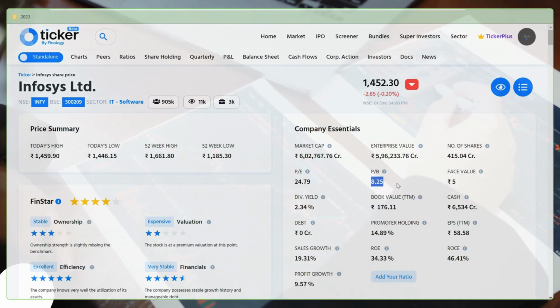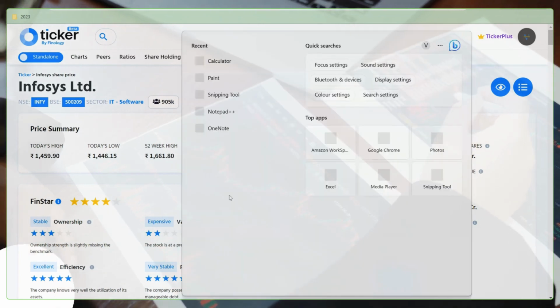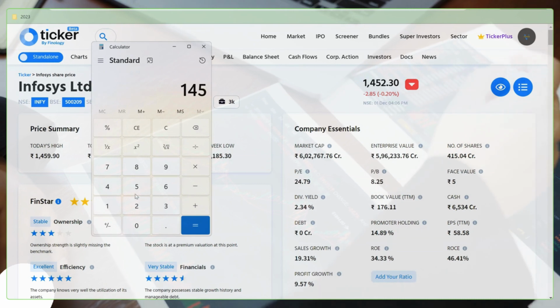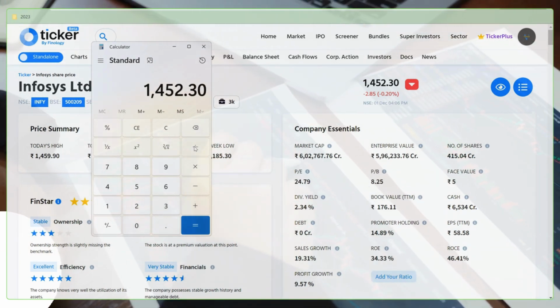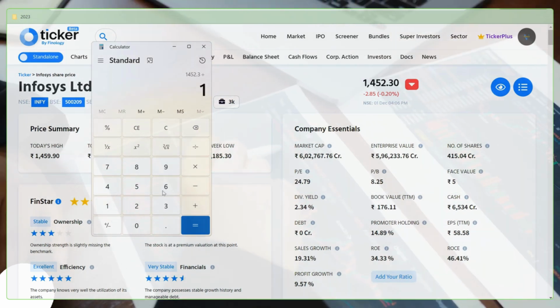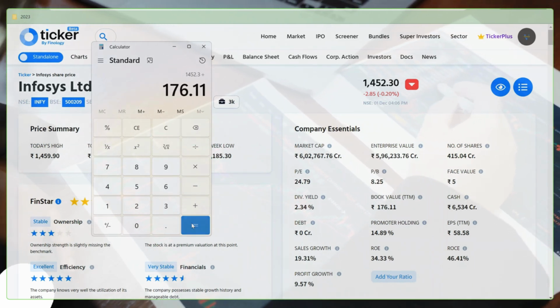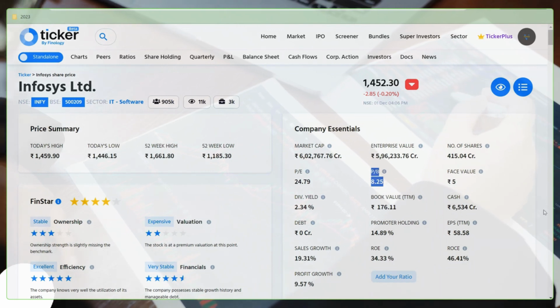If you divide 1452.30 by its book value 176.11, you get 8.24, right? So this is how we see it.